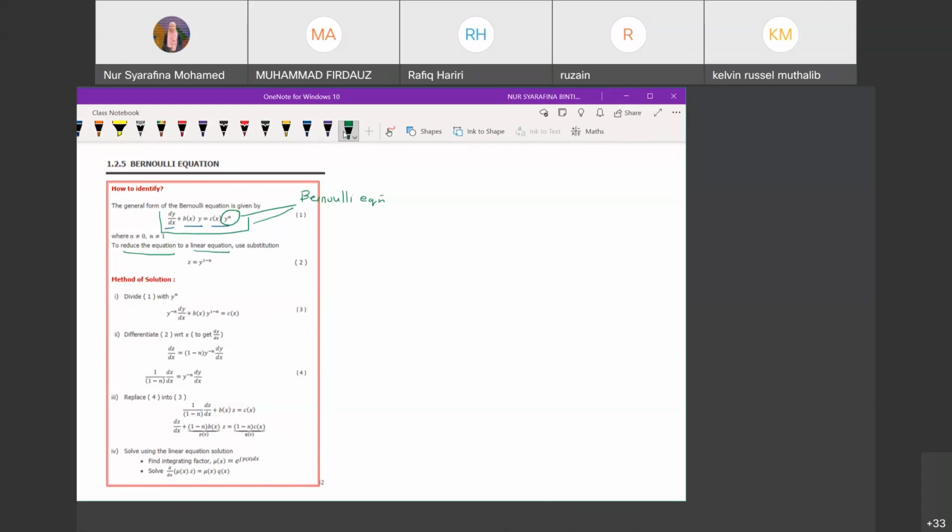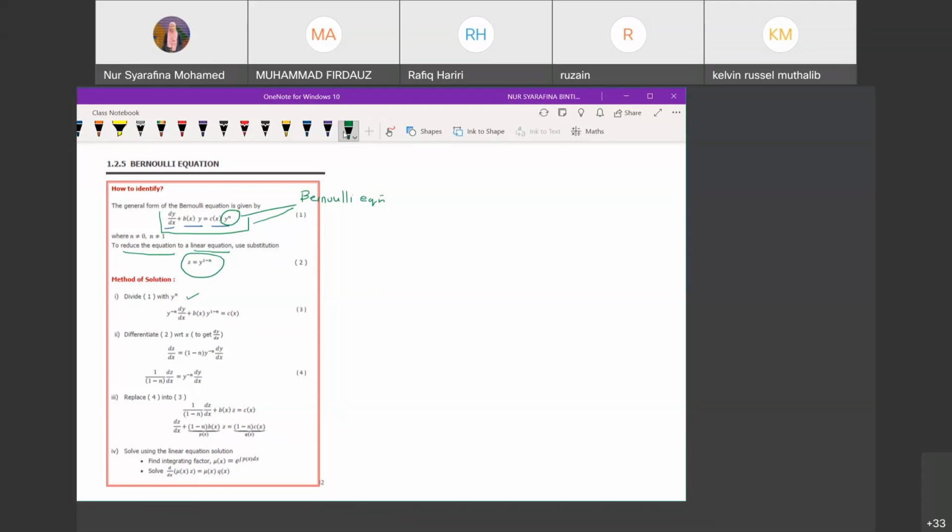So we have to reduce to linear by using the substitution z = y^(1-n). Okay, so first, how can we find the solution? Divide the equation by y^n because we want to remove that y^n there.